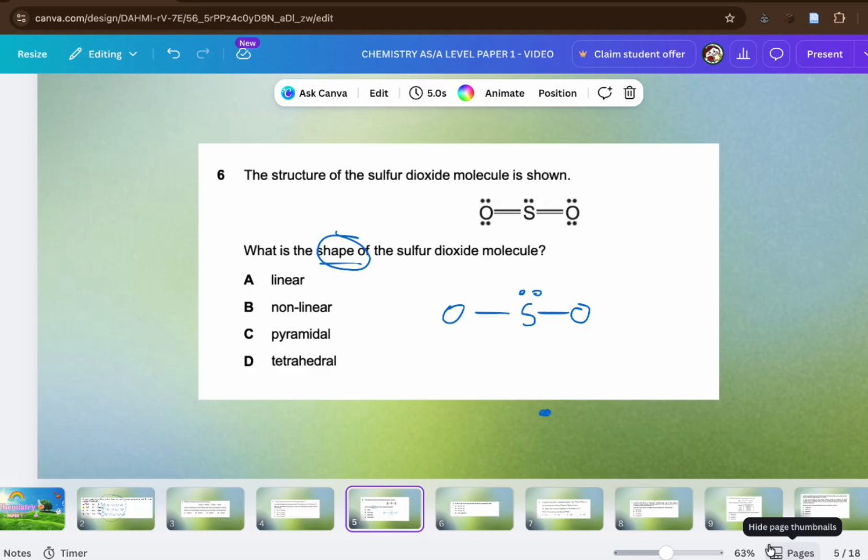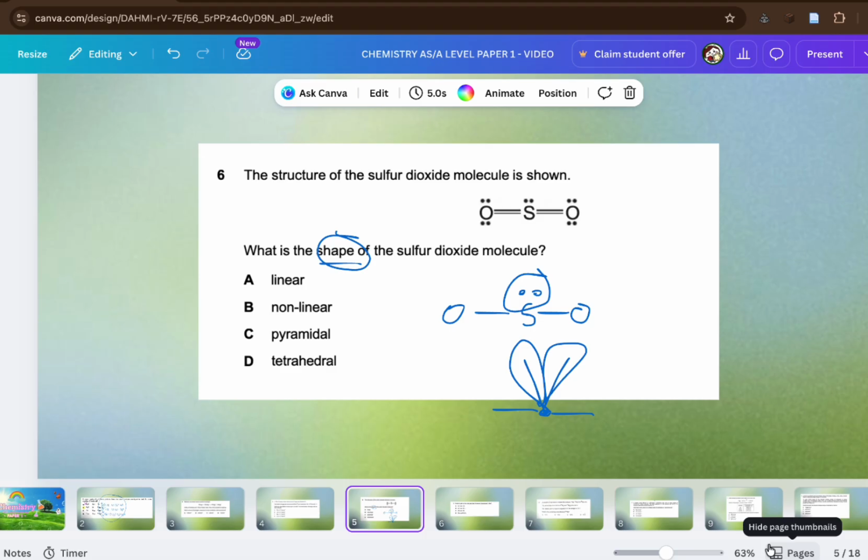So it will be about like this, and we have two more lines because they are not bonded with any other atoms. This automatically causes a bent or V shape.